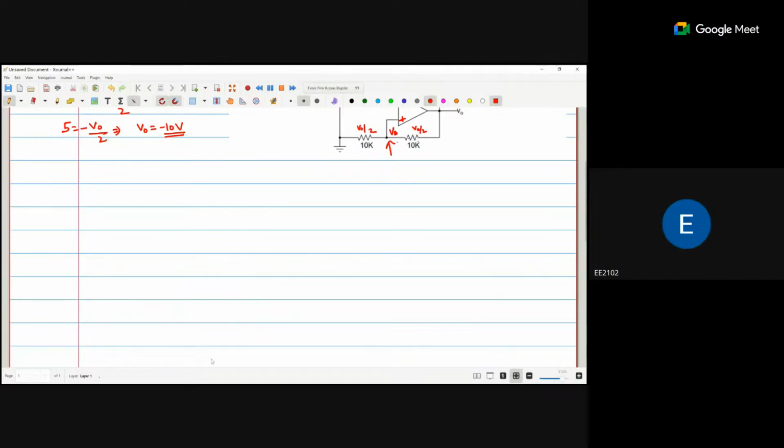So basically, we know that if two resistances are there, we calculate V1 into R2 by R1 plus R2, plus V2 into R1 upon R1 plus R2, times 1 plus RF by Rin, minus V in the negative terminal multiplied with RF by RA.